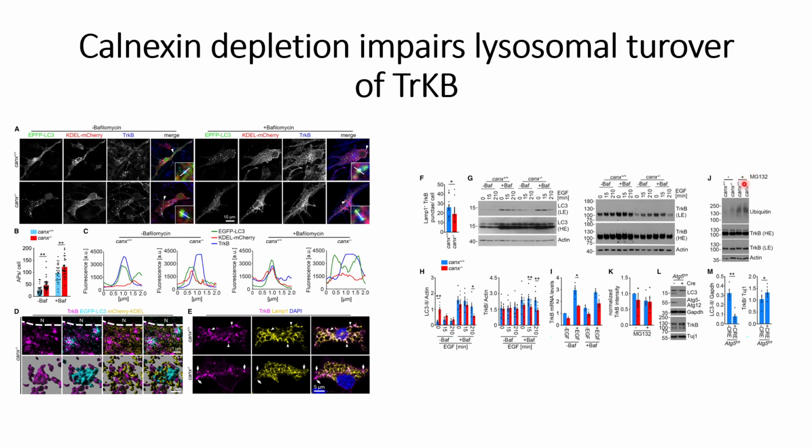It is a marker for proteasomal degradation, and with MG132 present and absent, they do not see a change in TrKB.